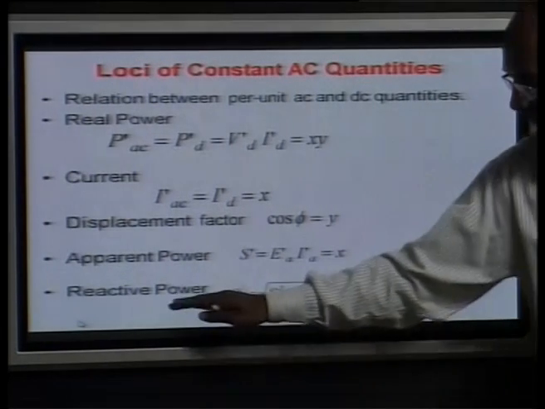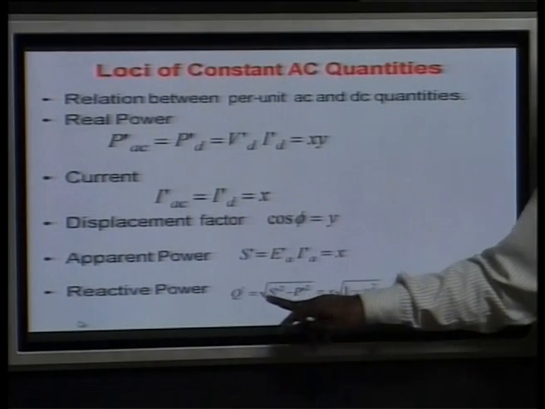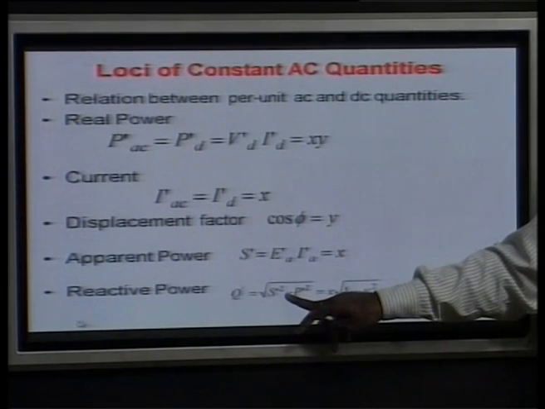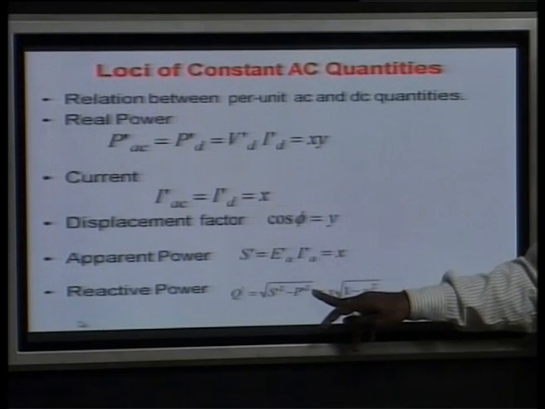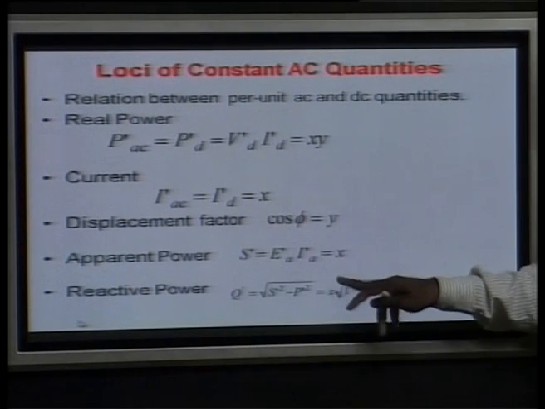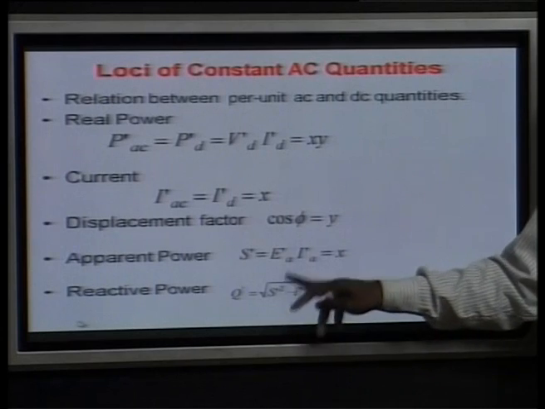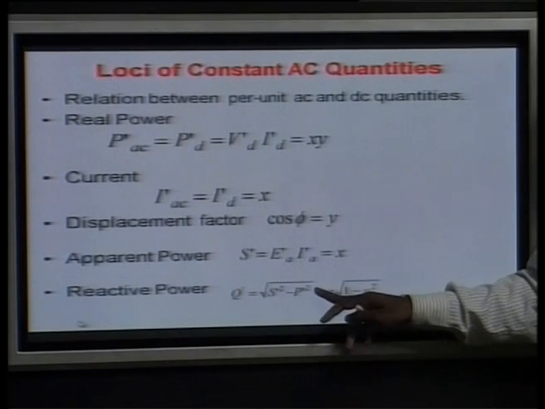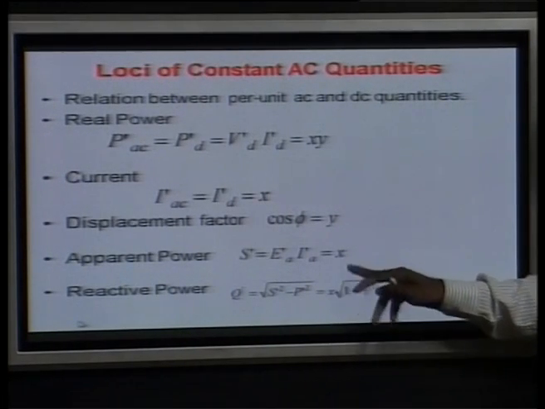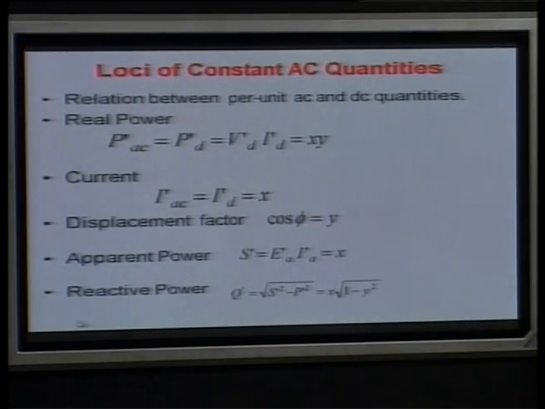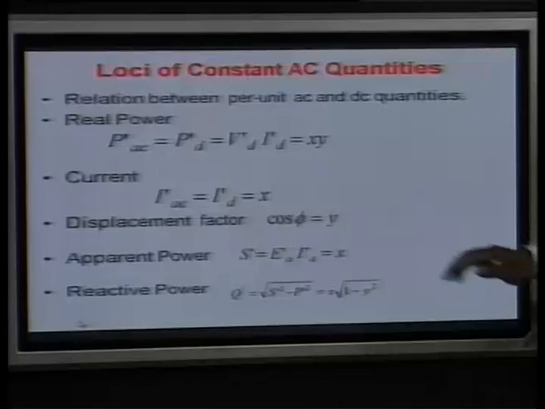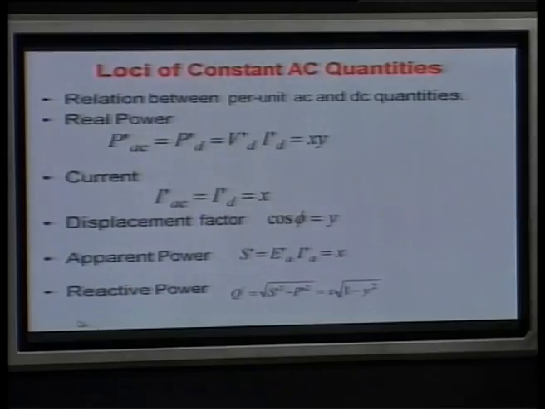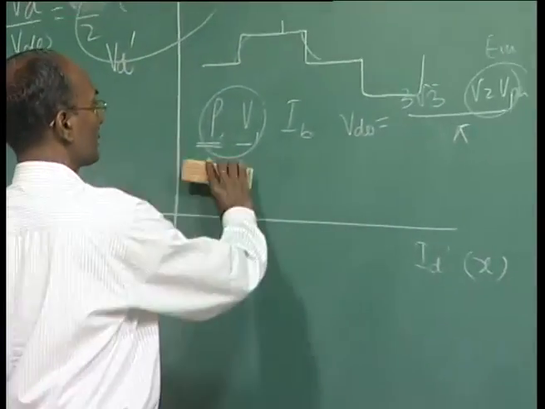Now the reactive power. We know in per unit, it is the square root of the apparent power squared minus the real power squared. And then you have to put this value here, X, and here XY squared. You are going to get X outside the square root of 1 minus Y squared. So these are our 5 quantities that we can draw on this axis.